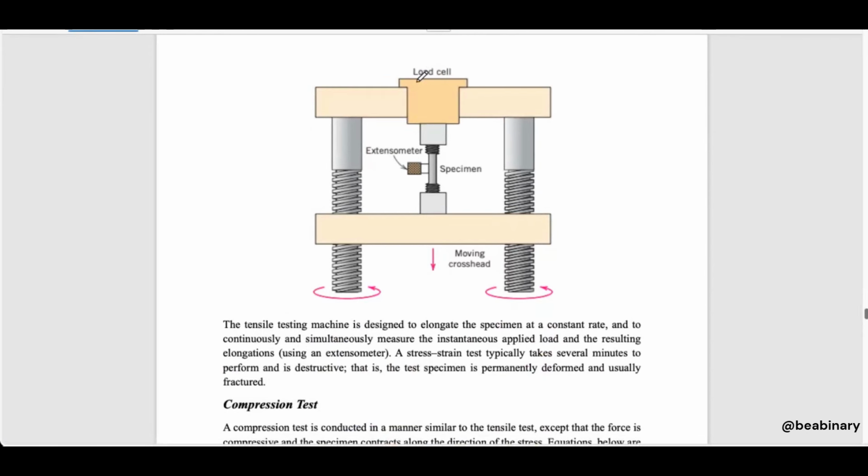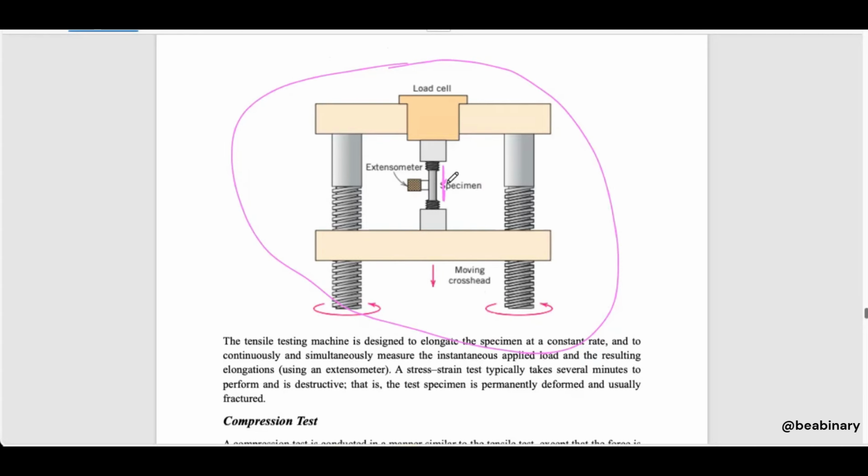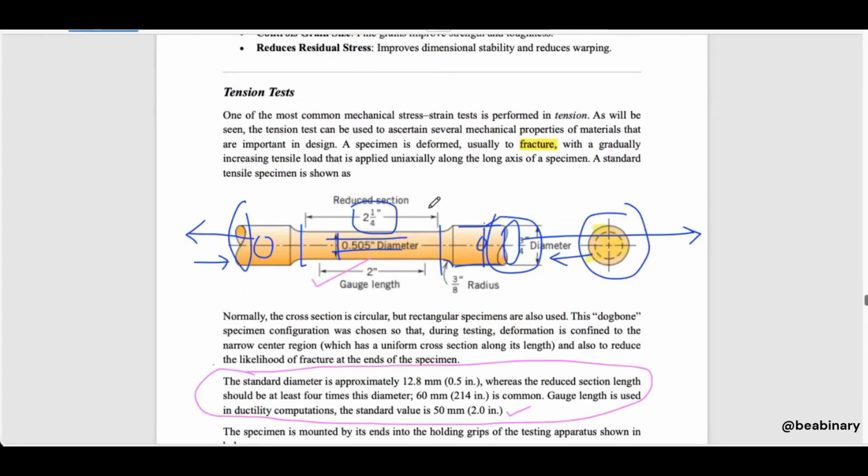This whole arrangement is known as a UTM, Universal Testing Machine. This is the specimen that you have made, and this smaller specimen is shown here in a bigger picture.